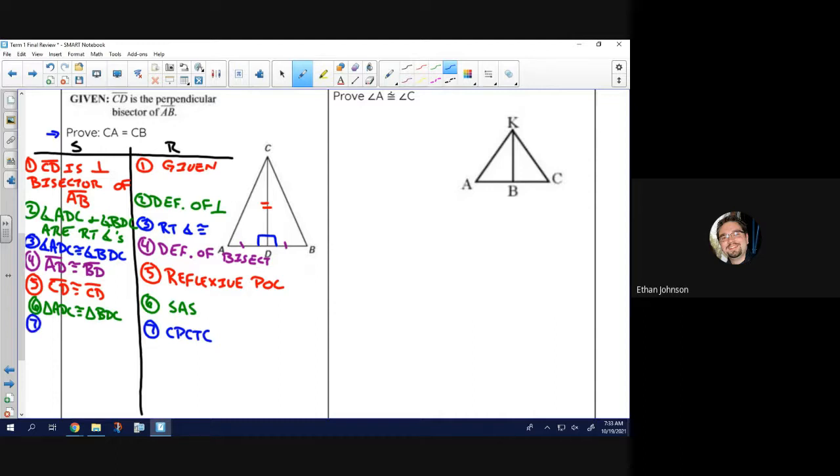So I can say then segment CA is congruent to segment CB. Now I do know how to go from a congruent statement to an equals. So CA equals CB, because that's the definition of congruence.